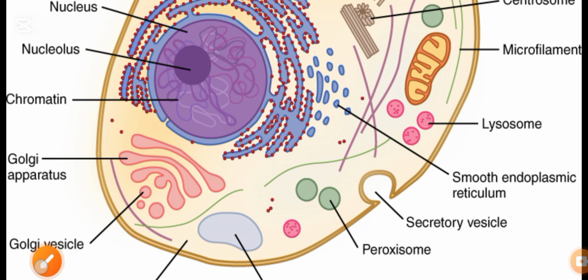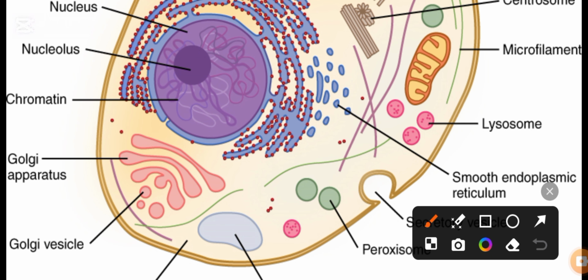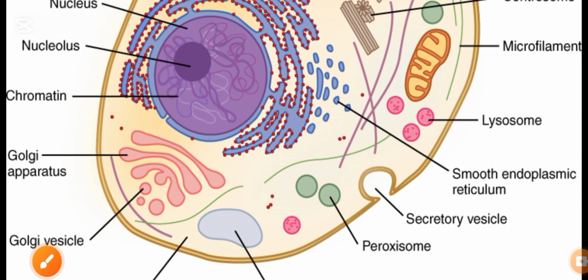The smooth endoplasmic reticulum performs the function of gluconeogenesis, or in other words, producing glucose from non-glucose molecules. So if they ask you what is the function of the smooth endoplasmic reticulum, one of the functions is that it produces glucose by gluconeogenesis.